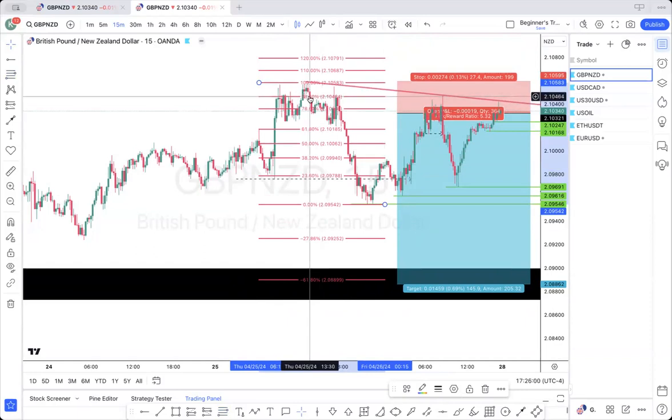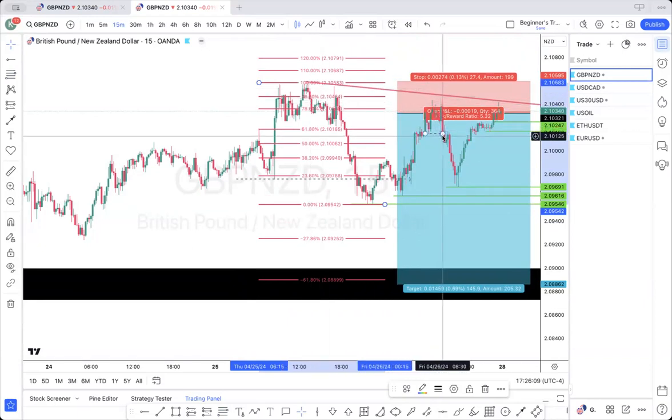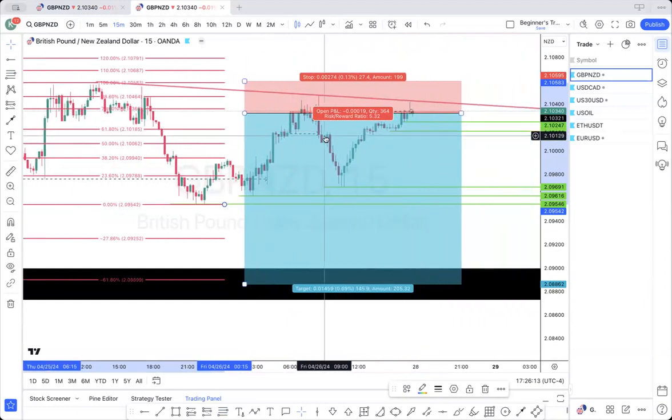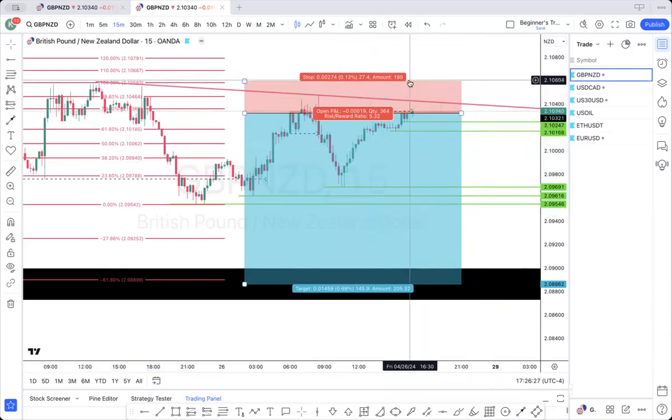Price came back to the 88, and then started breaking structure, this last swing to the downside. So what do we expect price to do? Now pull back to that zone.